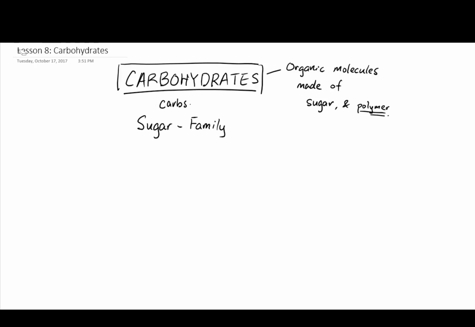So along the sugar family, we have very small and simple sugar, small sugar molecule. We also have medium-sized polymer, and we also have large, giant carbs polymer, which is made of many monomers.